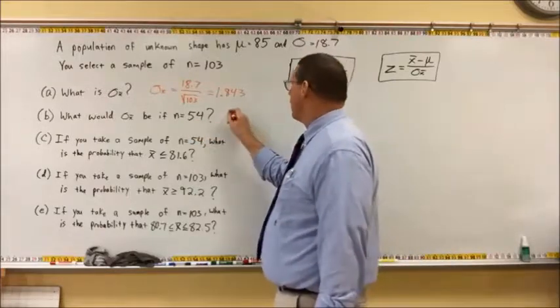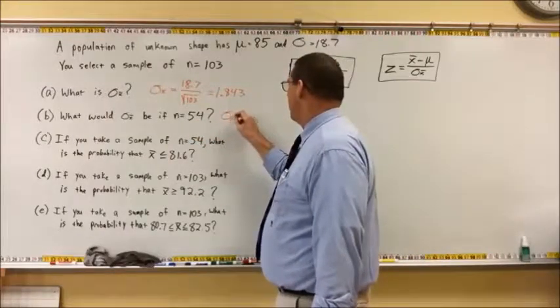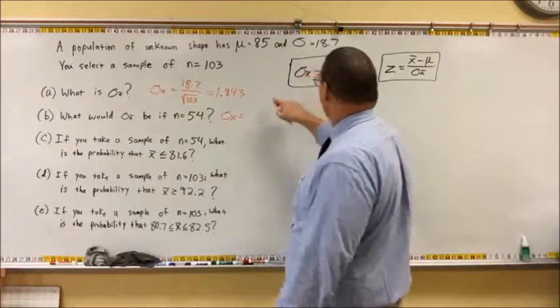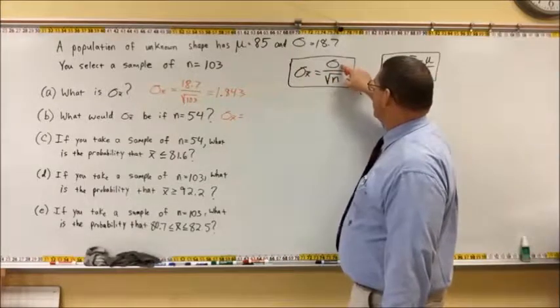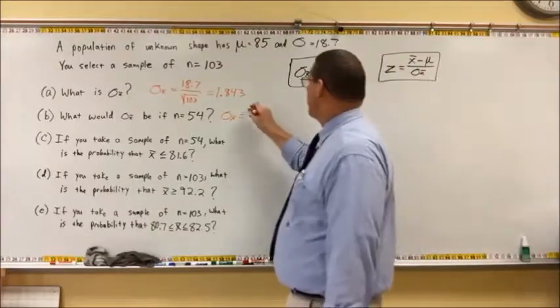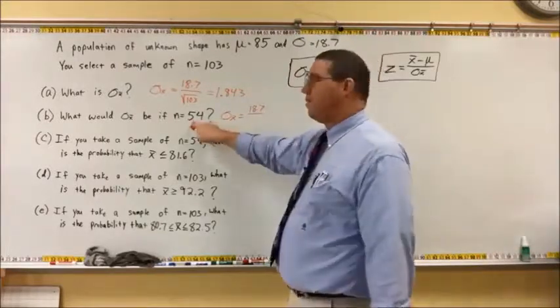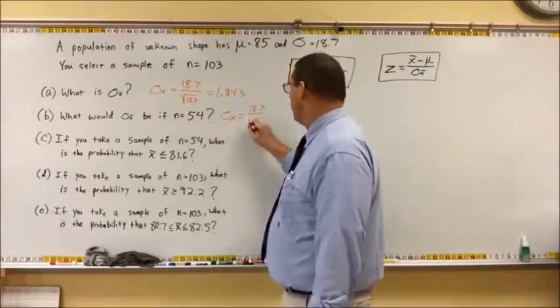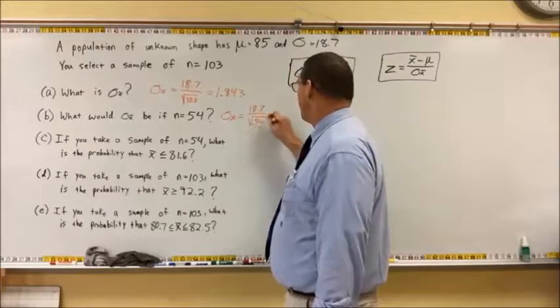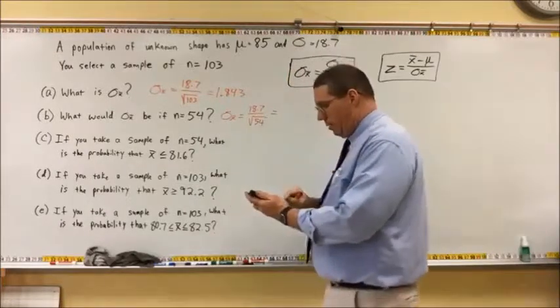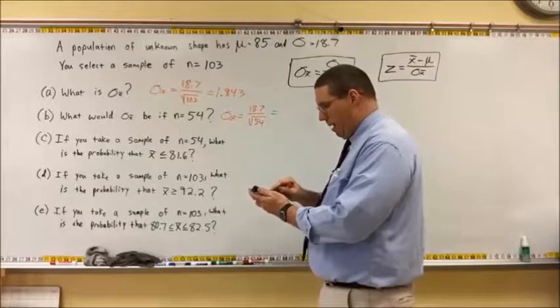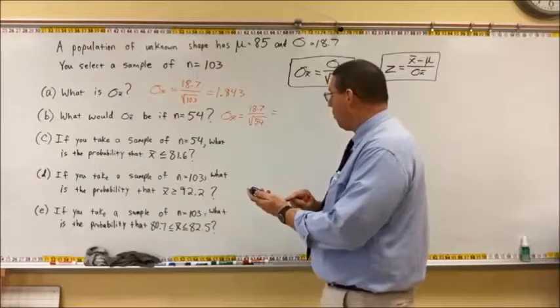Okay, well then our standard error would be equal to the population standard deviation, which is 18.7, divided by the square root of the sample size. In this case, the sample size is 54. 18.7 divided by the square root of 54.